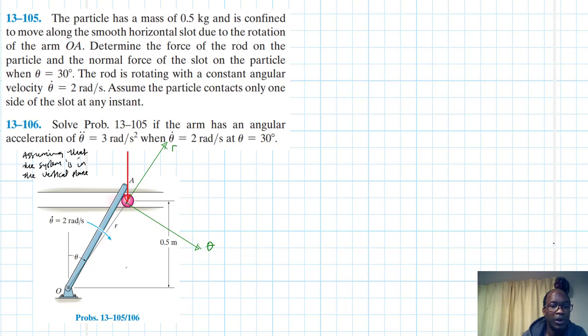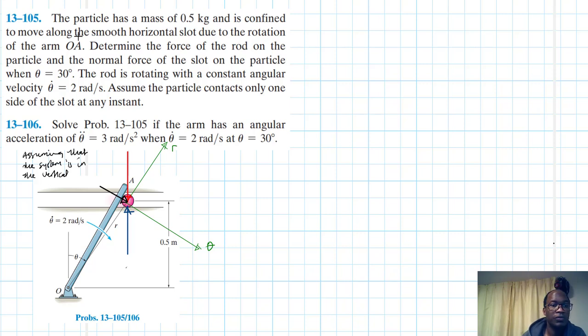Let me just label it. All right, and then we have the normal force, like so, and then we do have the force from the rod on this particular particle.